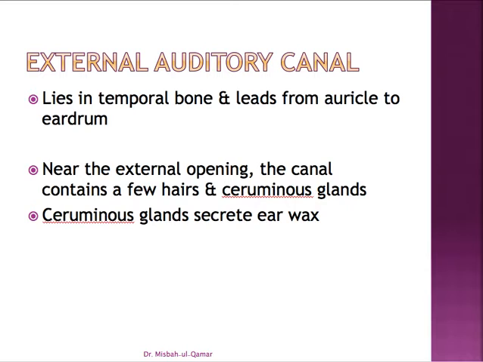Moving on to the external auditory canal, this is a curved tube of around 2.5 centimeters long, and it is covered by epidermis and lined by simple cuboidal epithelium. It lies in the temporal bone and leads from the auricle to the eardrum.